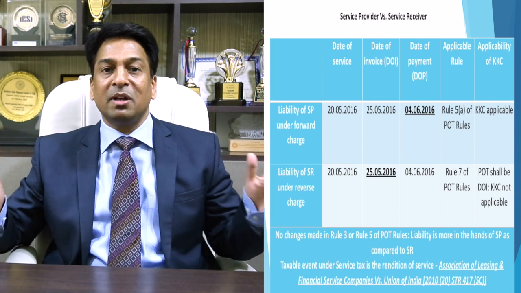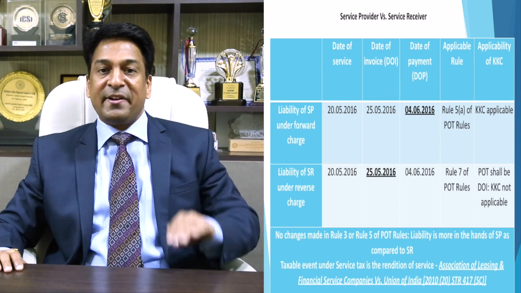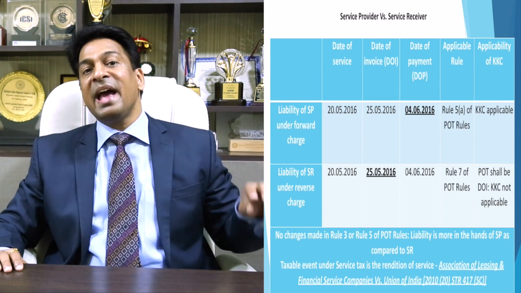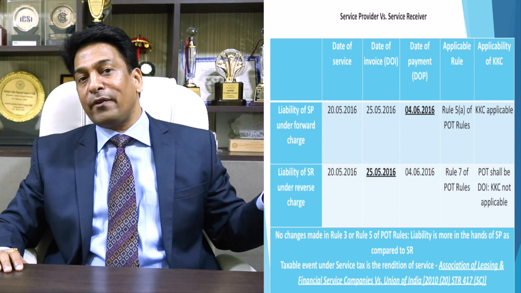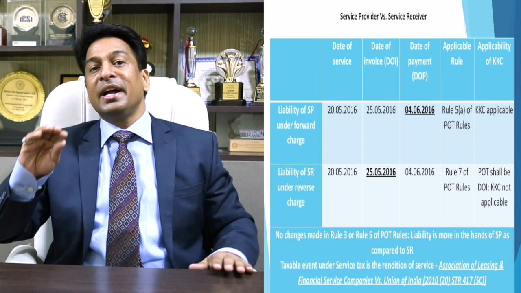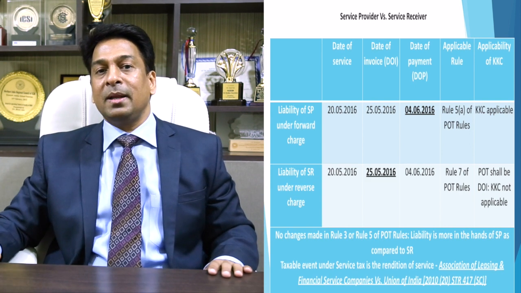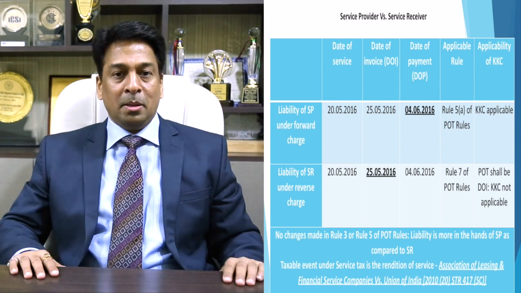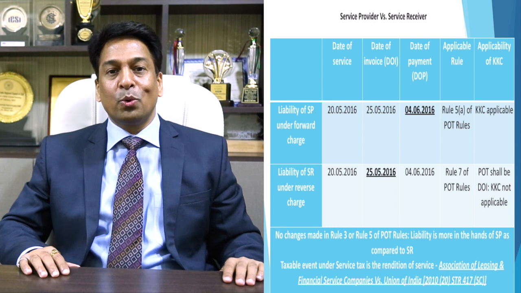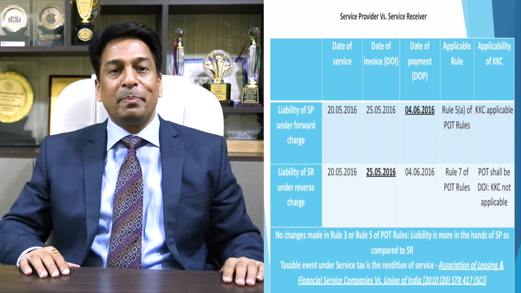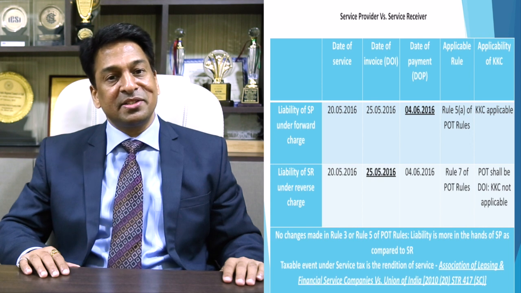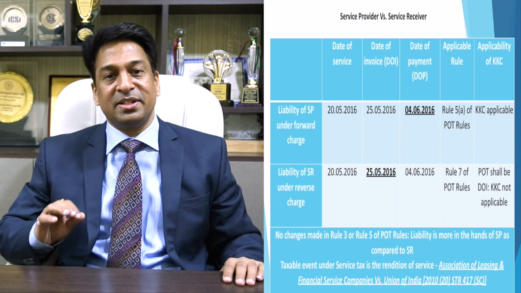Why can't we say in simple words that if any service is rendered prior to 1st June 2016 and invoice is raised prior to 1st June 2016, the new levy will not be applicable irrespective of whether payment is made or not made?